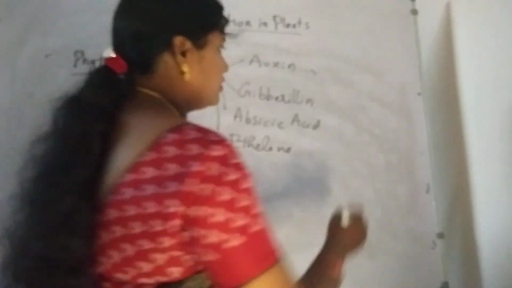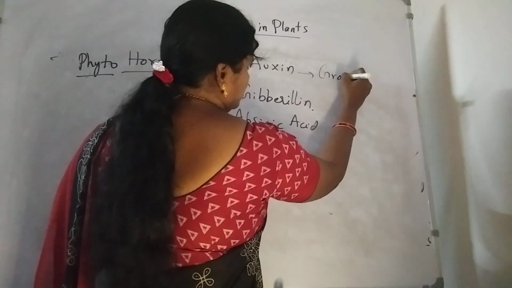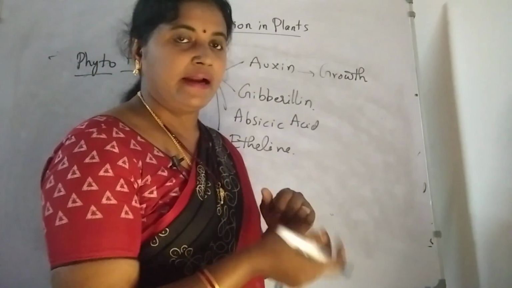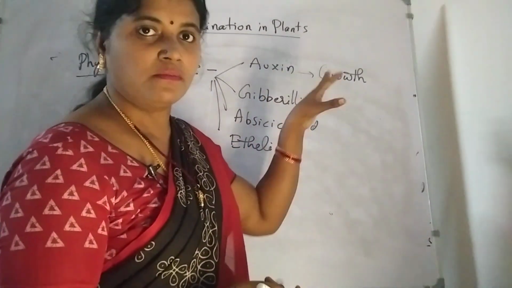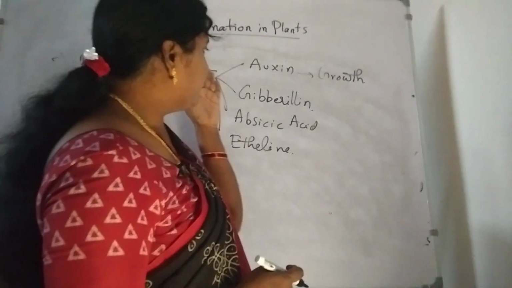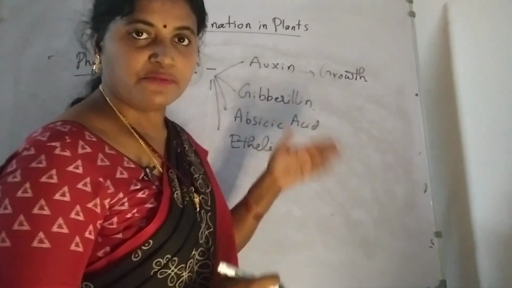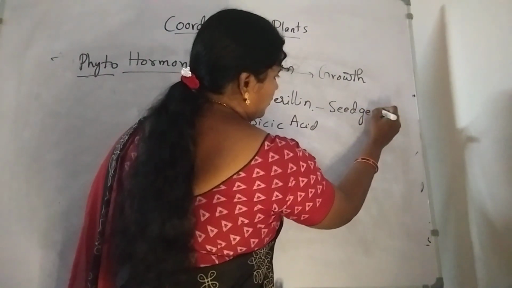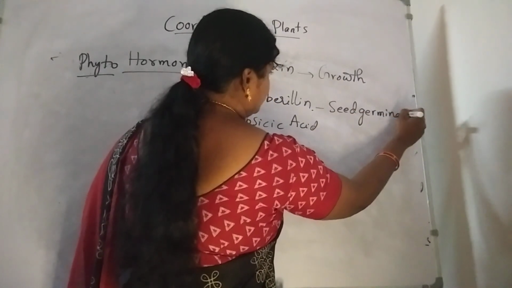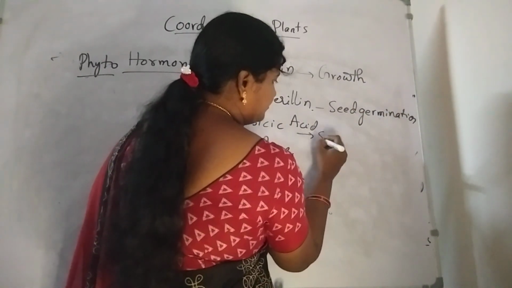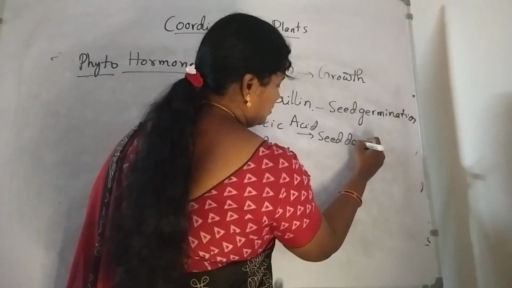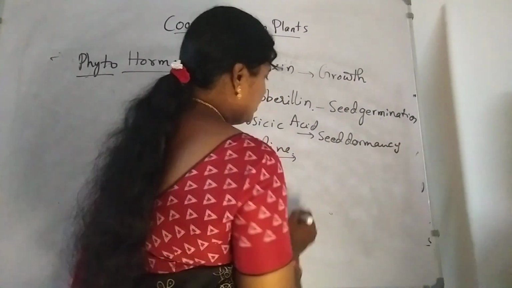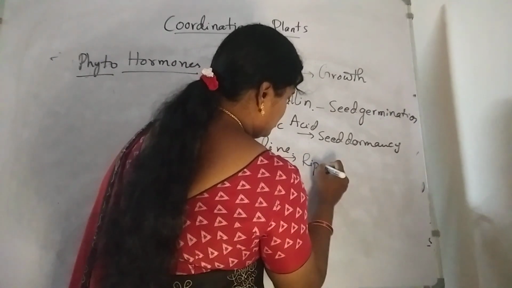Auxins are responsible for growth. The length of the plant is initiated by the hormone auxin. Gibberellins are responsible for seed germination, abscisic acid for seed dormancy, and ethylene for ripening of the fruits.